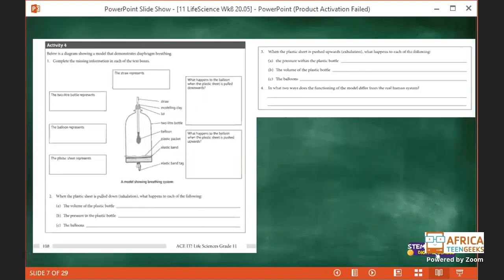Then we were busy with activity 4. I think we answered these 3 blocks here. We answered this part and that part, and we were at this question, which reads: what happens to the balloon when the plastic sheet is pushed upwards?